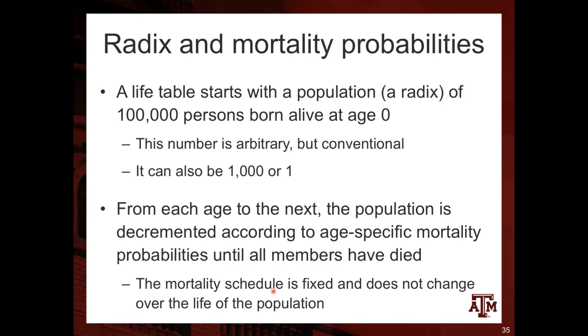The mortality schedule is fixed and does not change over the life of the population. So we get the age-specific mortality rates, transform them into age-specific mortality probabilities, and then apply them to this number of people in the life table.